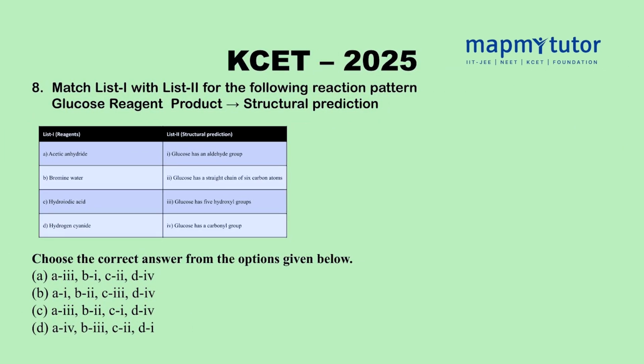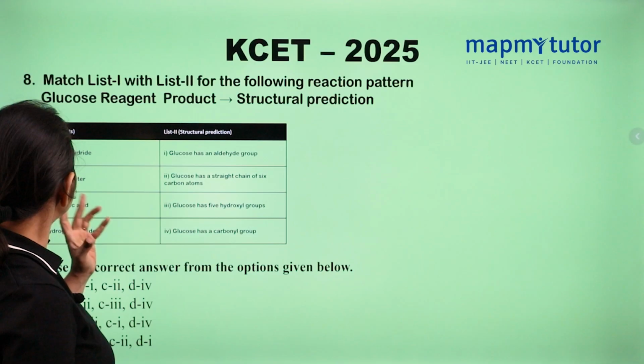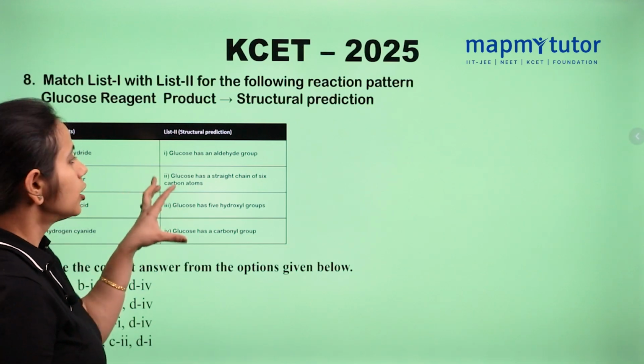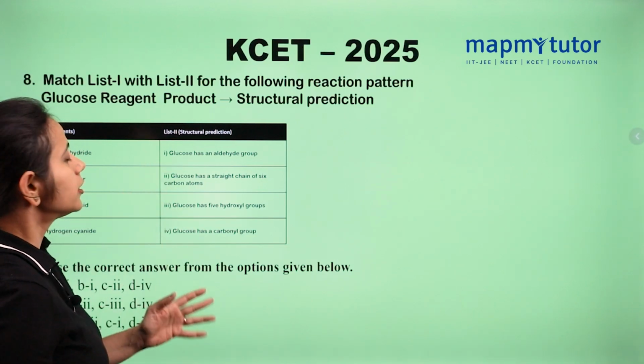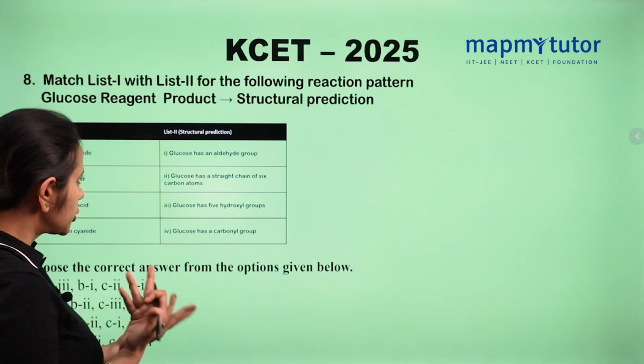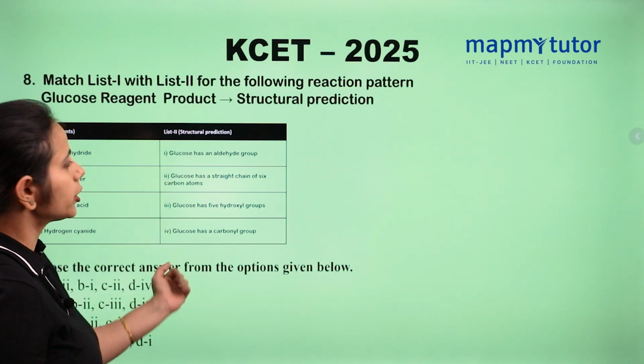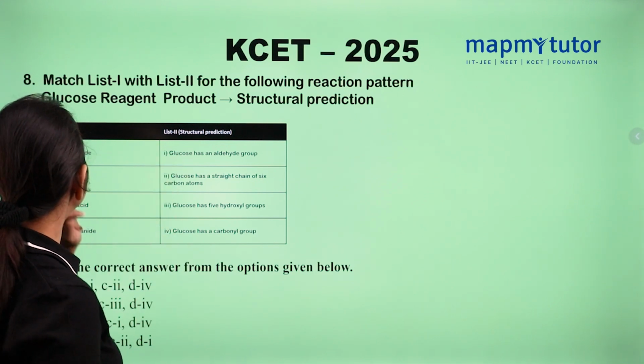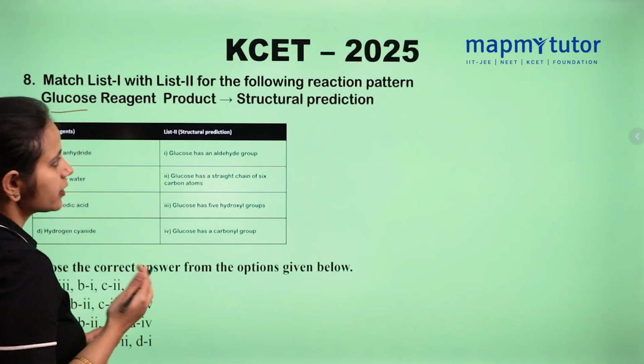Match list 1 and list 2 for the following reaction patterns: glucose, reagent, product, structural prediction. That is, when we react these reagents with glucose, which product we will get and how we will predict the structure from those products. For this, first we need to write the structure of glucose.